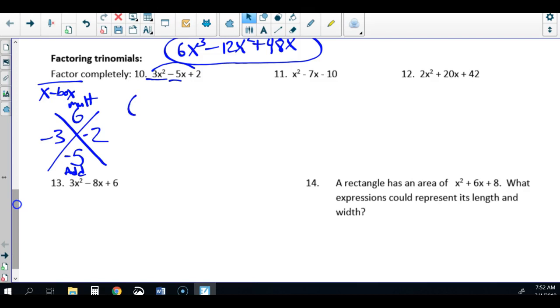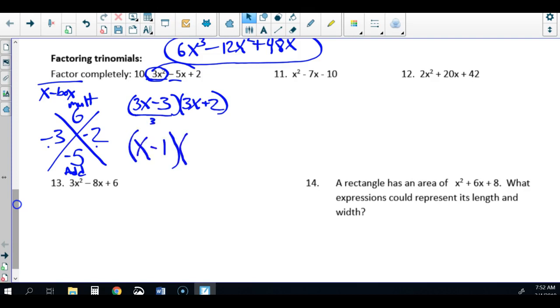So we set up our factors, the wrong factors to start with: 3x and 3x because of my a value there, minus 3 and plus 2. And then we make it right. That one can be simplified by dividing by 3. So x minus 1 times 3x plus 2.